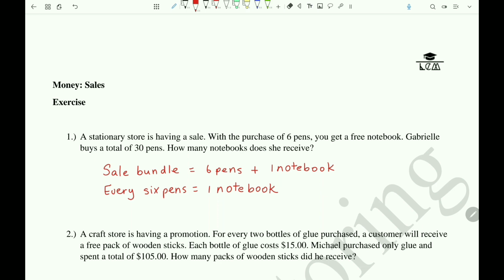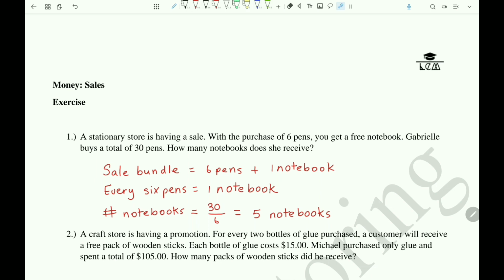So let's see how many times we can get 6 pens in 30 pens, right? And that will actually be equal to the number of notebooks. So the number of notebooks would be 30 divided by 6, which is actually 5 notebooks, right?